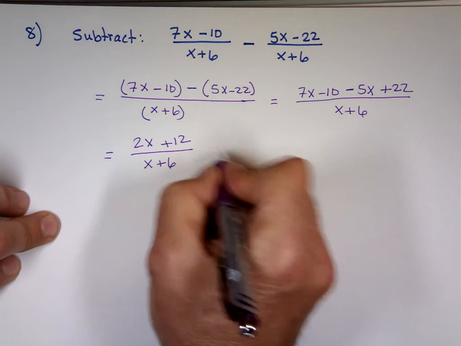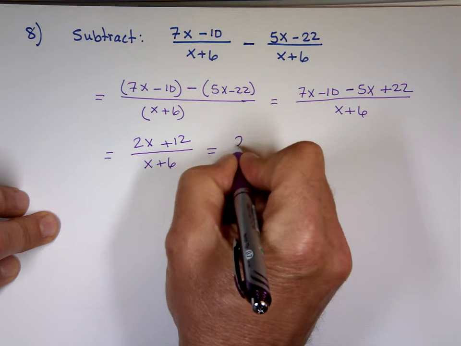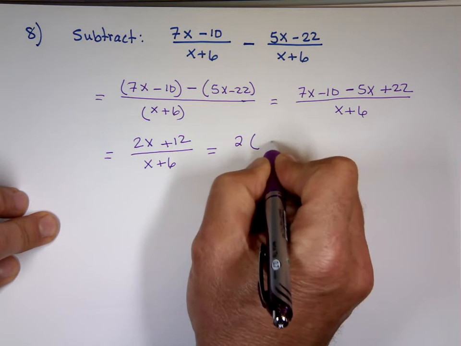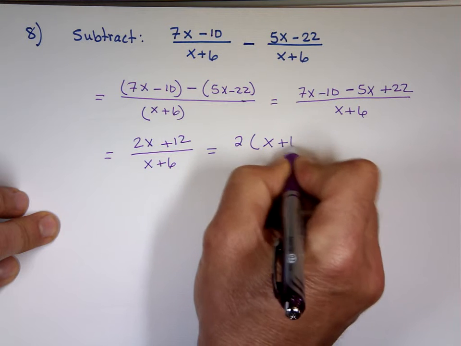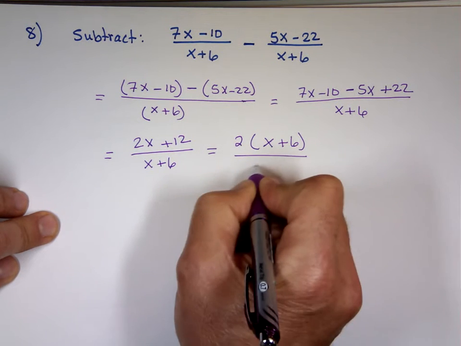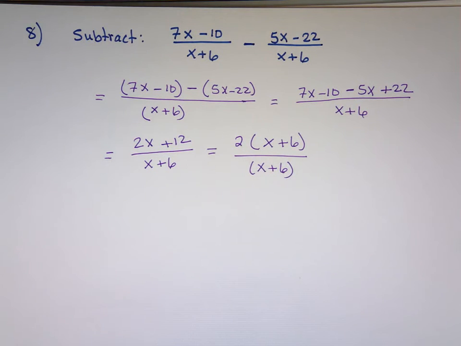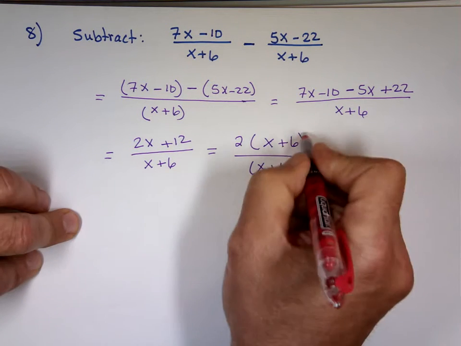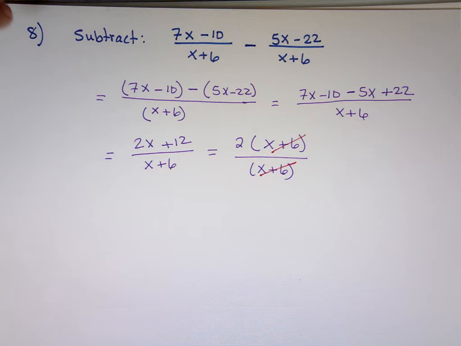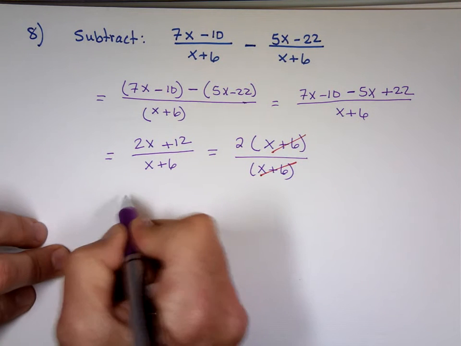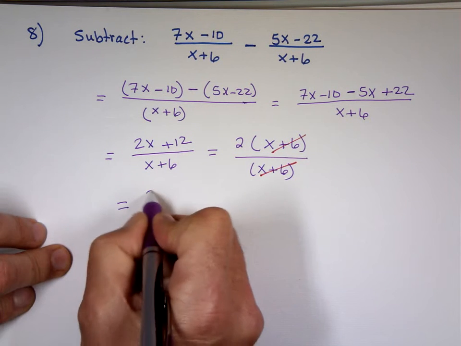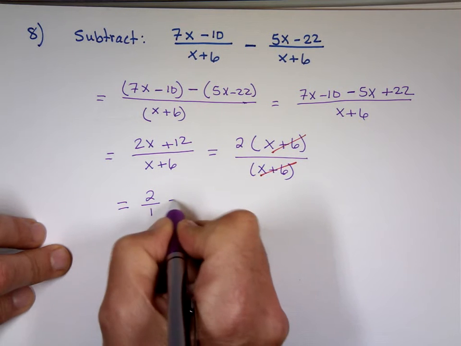Well, if you look at the top, you can factor a 2 out. If you factor a 2 out, what's left? X plus 6 over what? X plus 6. And these two are the same. Cancel each other out. So your final answer is going to be what? 2 divided by nothing, or a 1, which is really just 2.